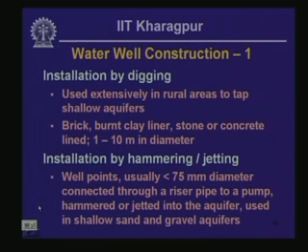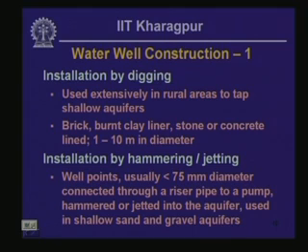Now, we need to look at some of the constructional details of water wells. We have seen the typical components that are required in a water well when we considered the section of a typical monitoring well earlier.